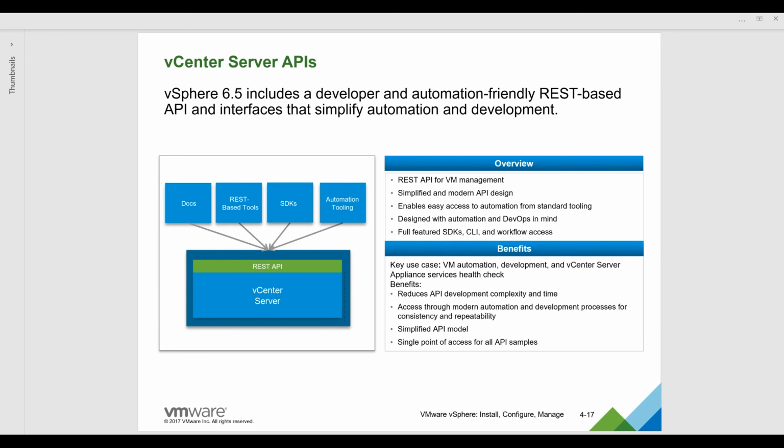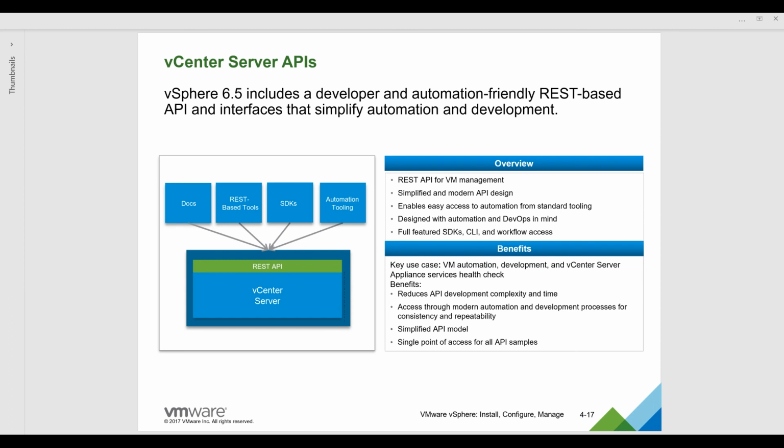APIs in vCenter or vSphere 6.5 pertained more to the developer. It made automation more friendly, with a REST-based API for automation and development. It was provided in several programming languages that allowed you to build service capability into your vCenter server appliance.